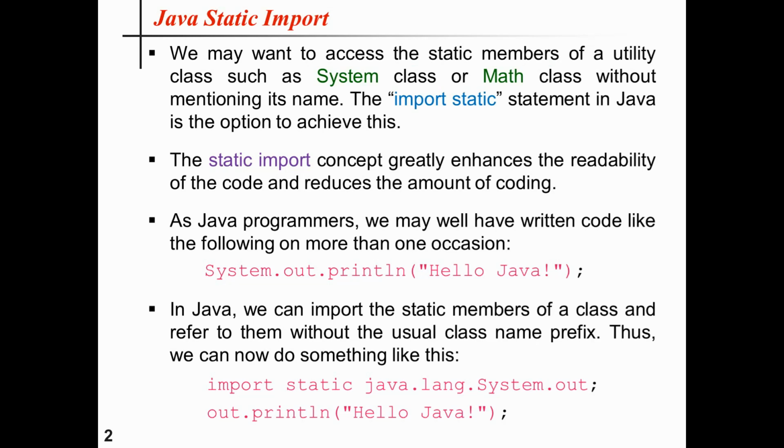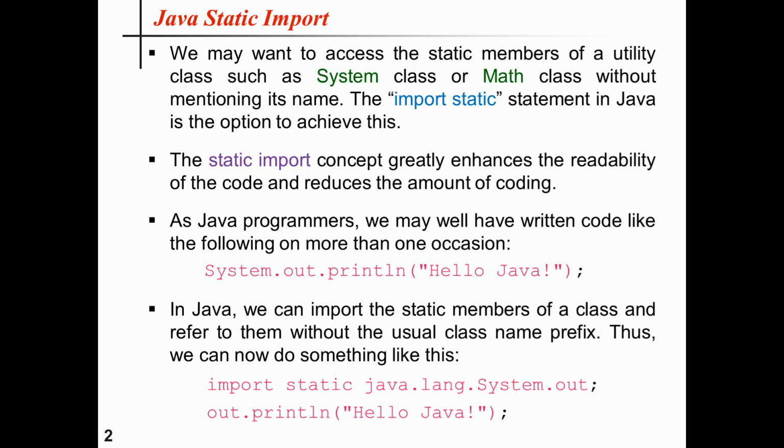That means the objective is to access the static members. Basically all the members are static in the System class and the Math class, and I would like to access them by mentioning the member name only. So this concept is called the static import concept, and by using the import static statement in Java we can achieve this.